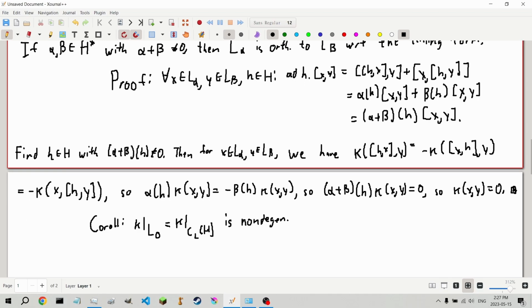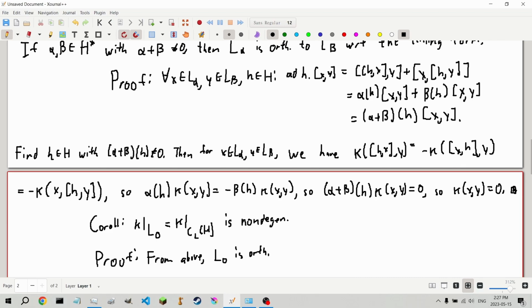We know that the Killing form itself is non-degenerate, we've already shown that. From above, L0 is orthogonal to all L alpha for every root alpha.